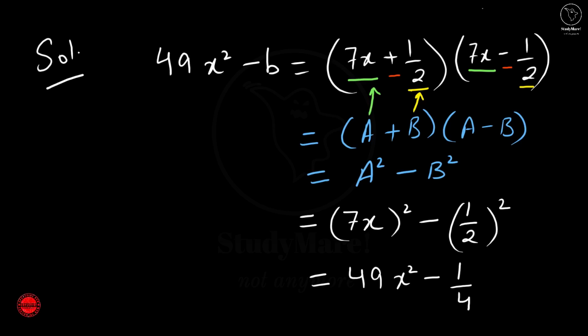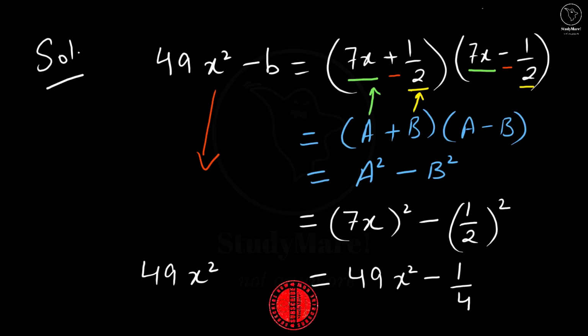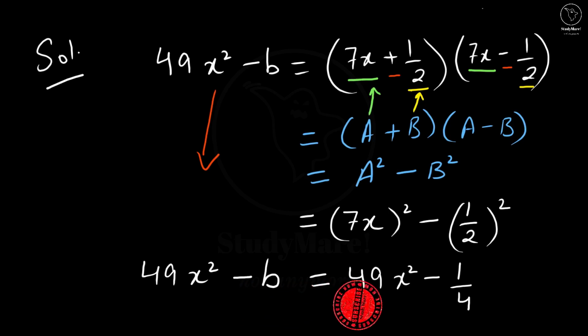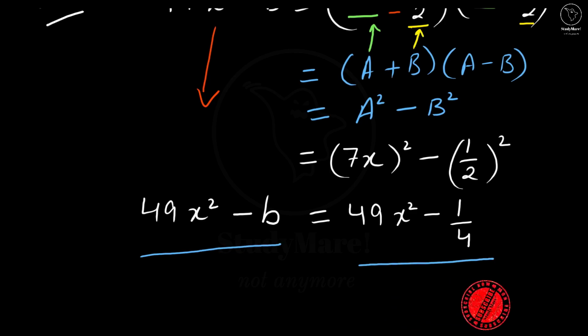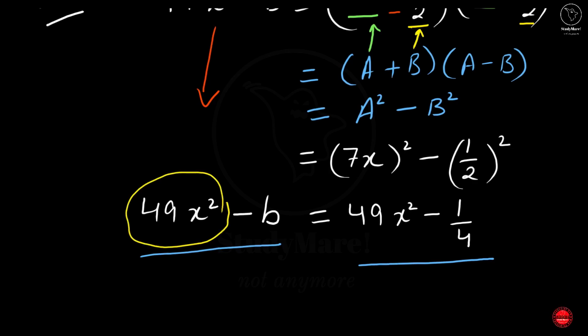Now, if you look at the left hand side, we have 49x² − b. Both the expressions are equal, it is given. Here 49x², here also we have 49x². We have the symbol as minus, we have the symbol as minus.